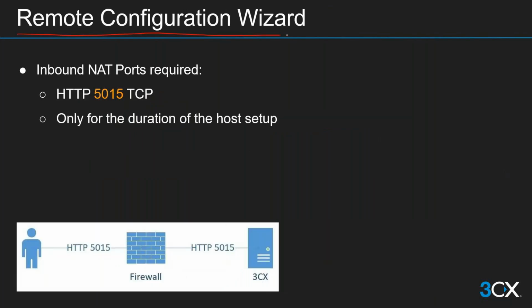The remote configuration wizard, that's the 5015 port, HTTP. You remember when we did the on-premise setup before, when I went to the IP address and then did the 5015. That is only during the installation of the host. I would not use that as a port forwarding on the firewall.